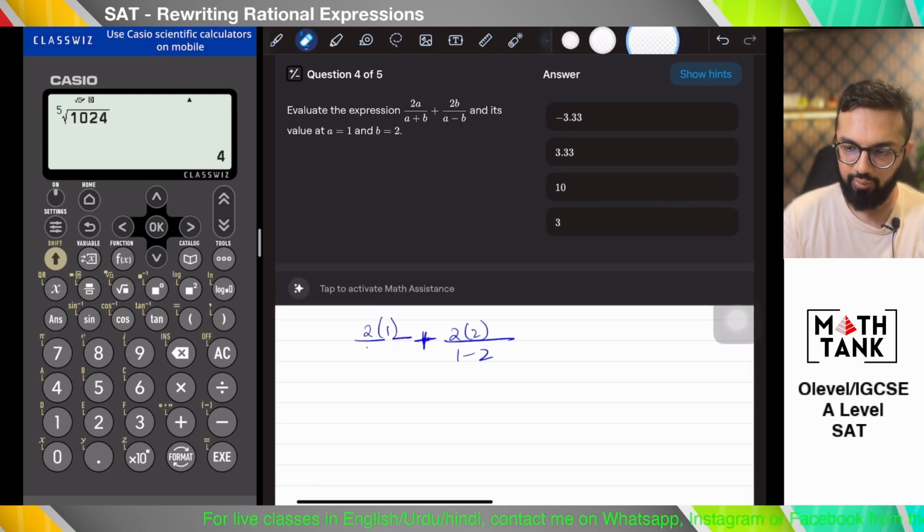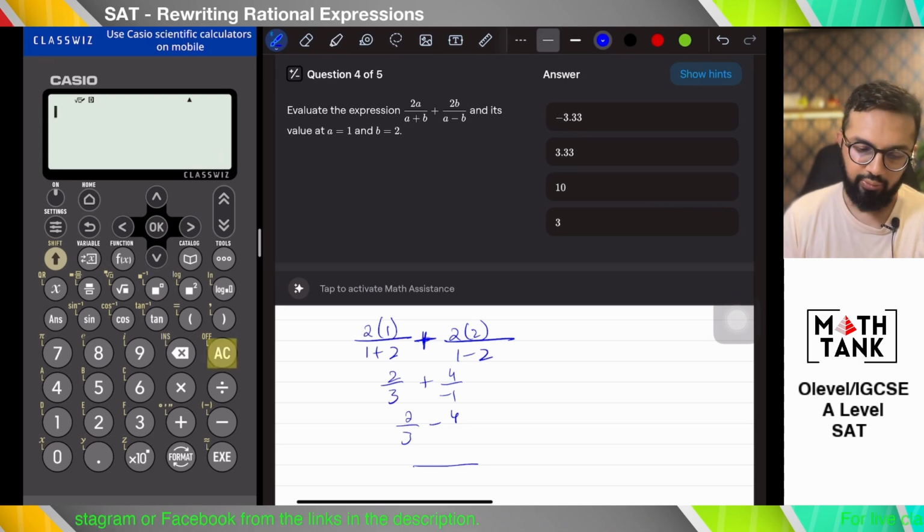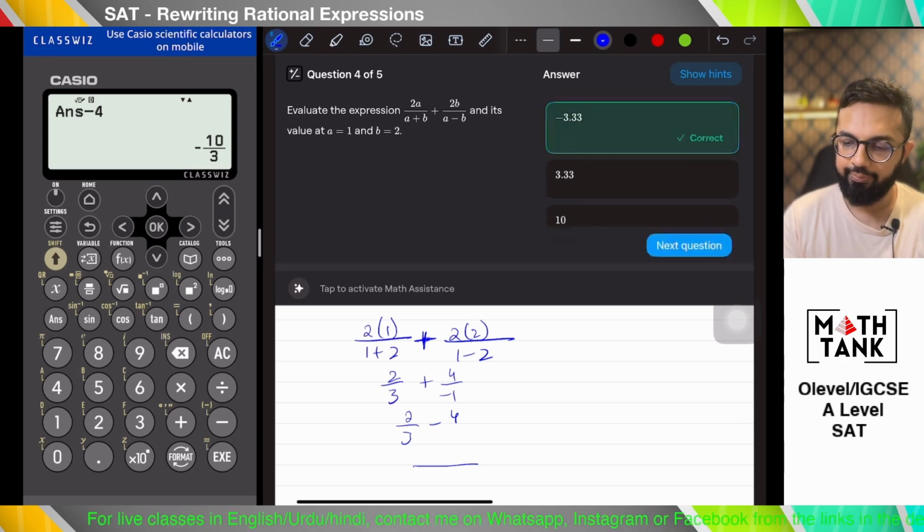So 2 over 3 plus 4 over minus 1. So that's 2 over 3 minus 4. Just do that on a calculator. Why do that manually? Yeah, that should be the final answer. That's minus 3.33.